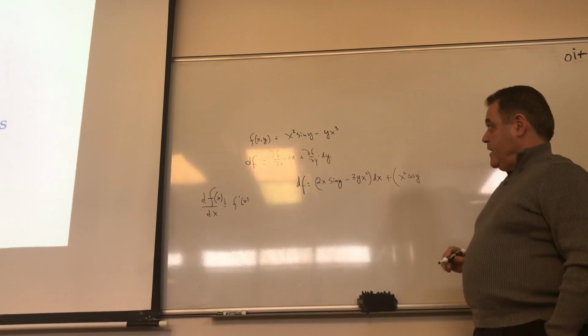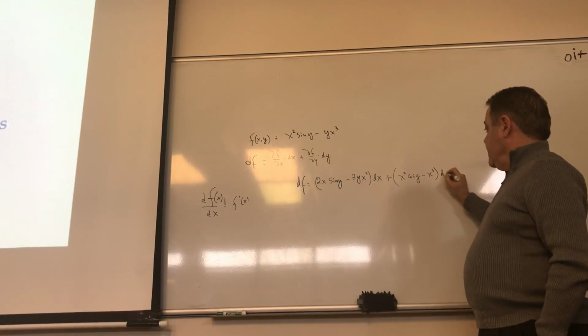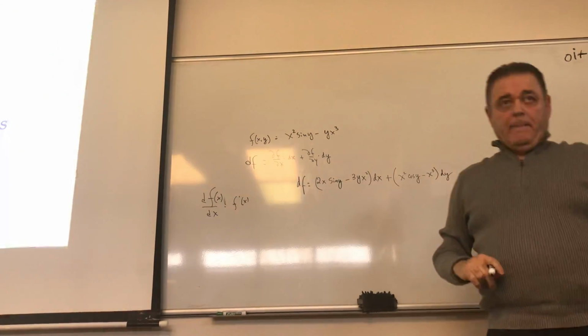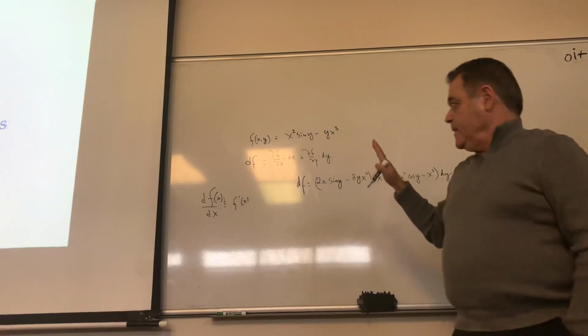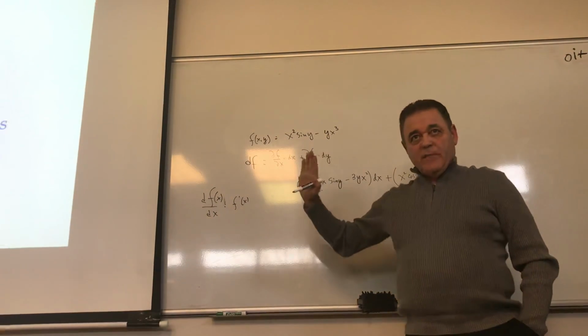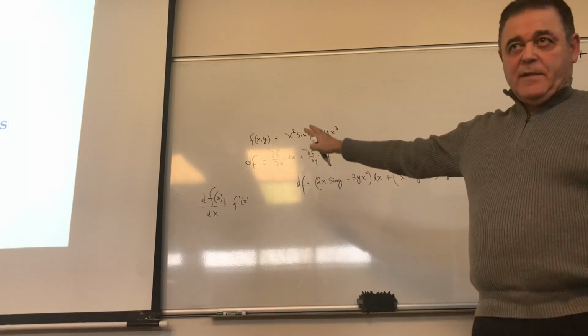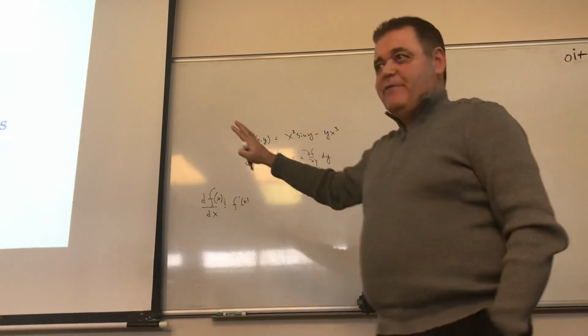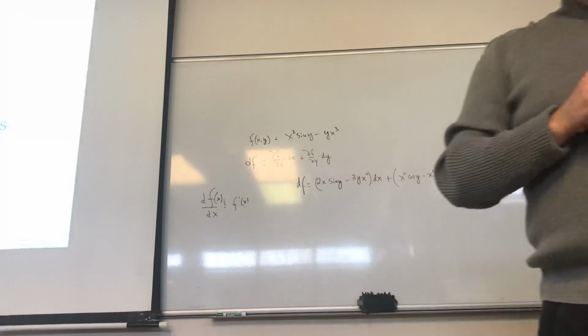Cosine y, right? Minus x cubed dy. Now, it turns out that most of the stuff that we'll be talking about today in this chapter would be based upon something like this, right? It's differential stuff, okay? So let's start here from the beginning.